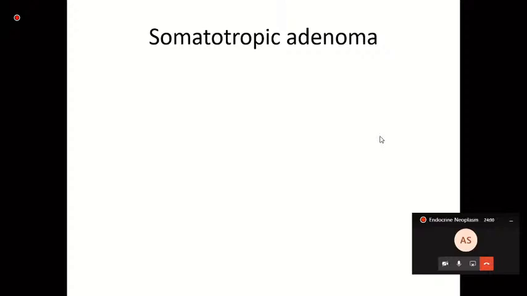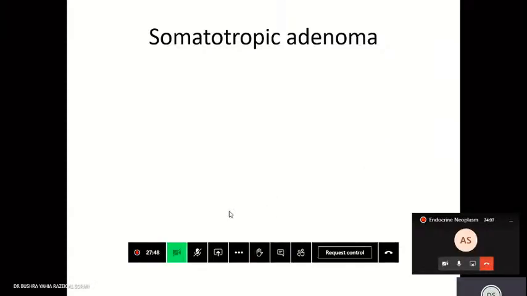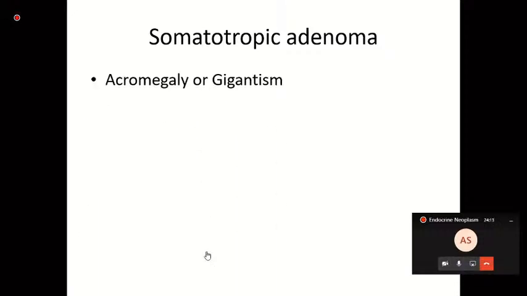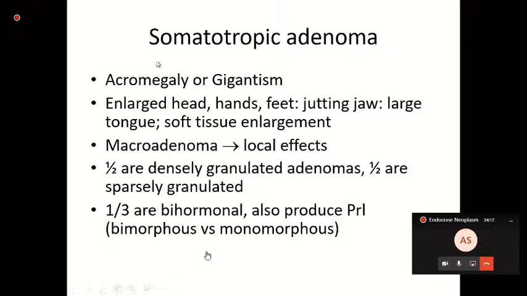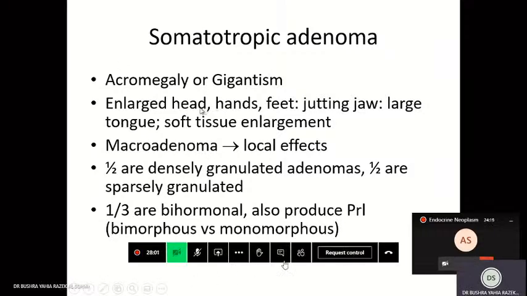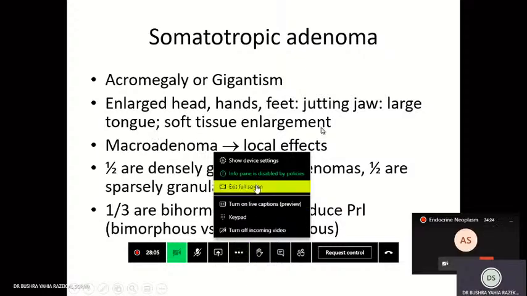So you remember the features? Acromegaly or gigantism. You know the manifestation of acromegaly: enlarged head, hands, feet, enlarged jaw, large tongue, soft tissue enlargement.